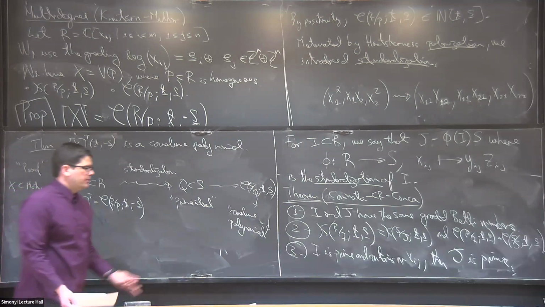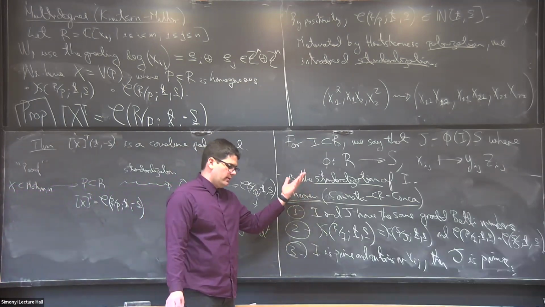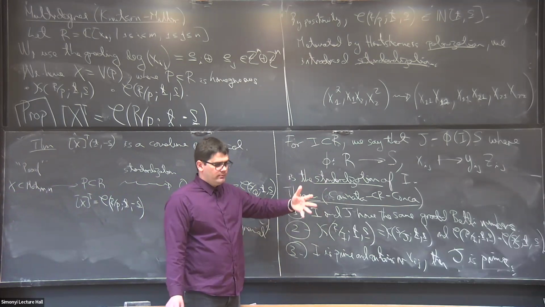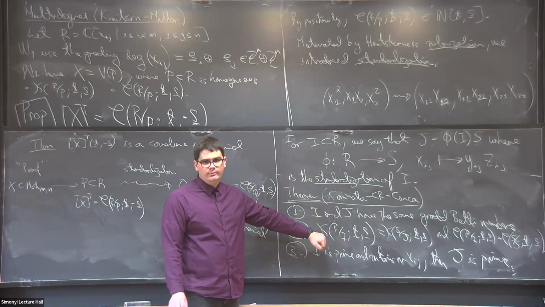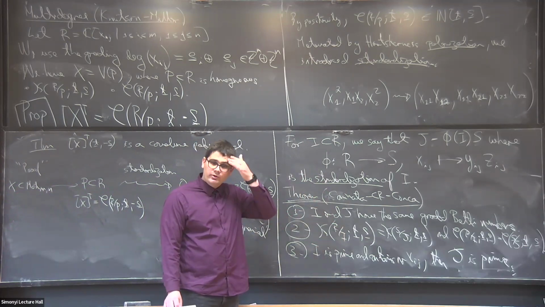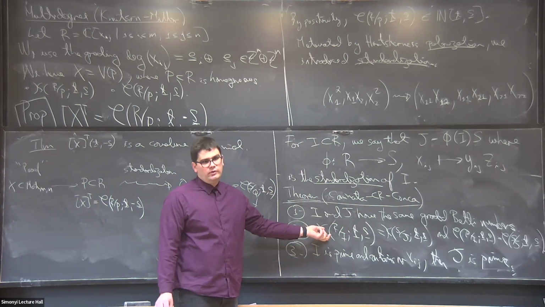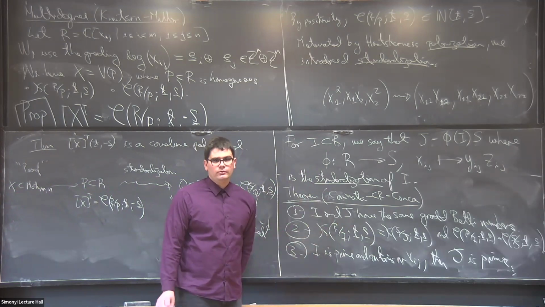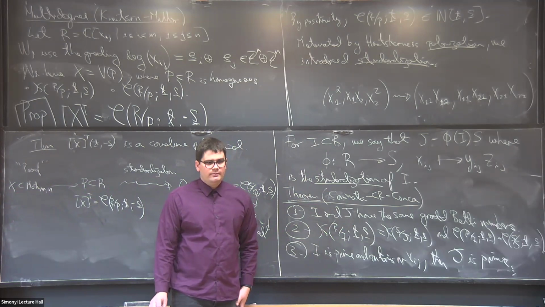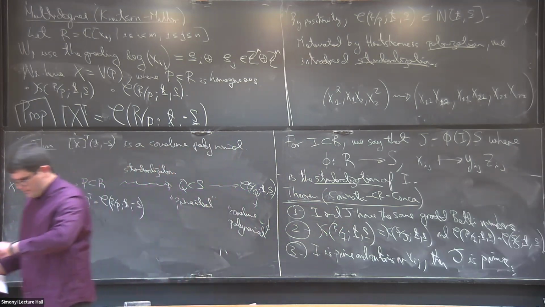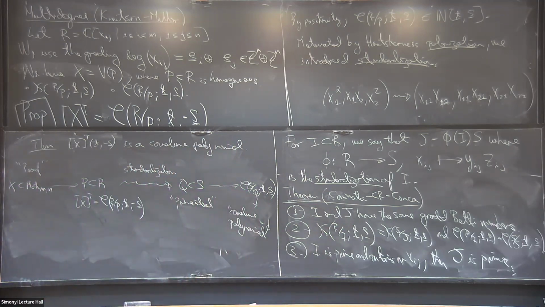Whatever you can do for Schubert polynomials, via this you will be able to do for double Schubert polynomials. If you can do it for Grothendieck polynomials, you will also be able to do it for double Grothendieck polynomials. Okay? Are there any questions?